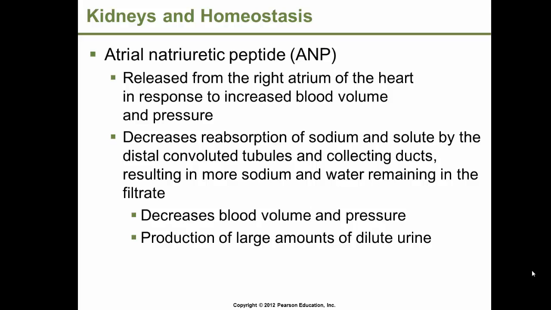Atrial natriuretic peptide also acts to inhibit aldosterone and renin, which is going to have the opposite effect. Under the influence of atrial natriuretic peptide, decreased water and solute reabsorption occurs in the kidneys, and large amounts of dilute urine are going to be produced.